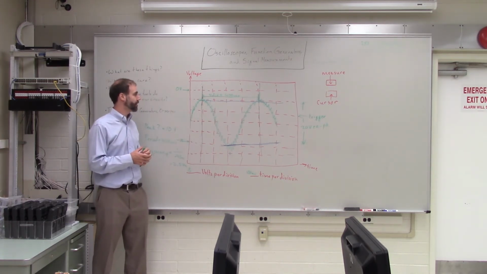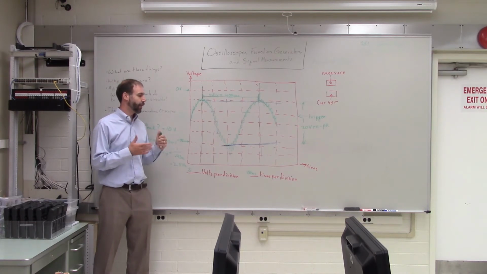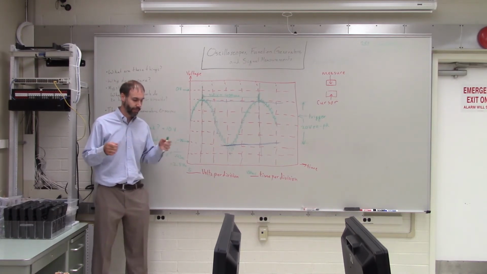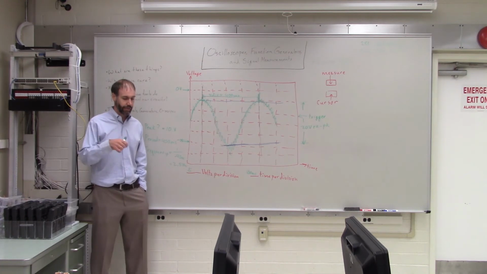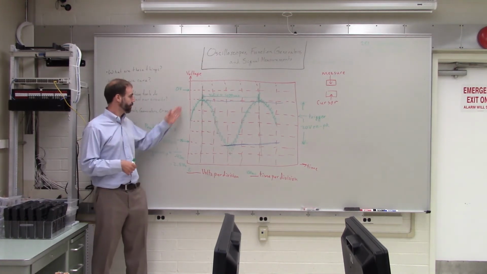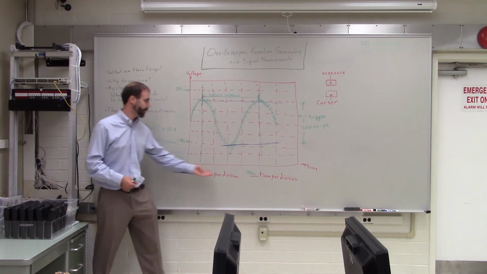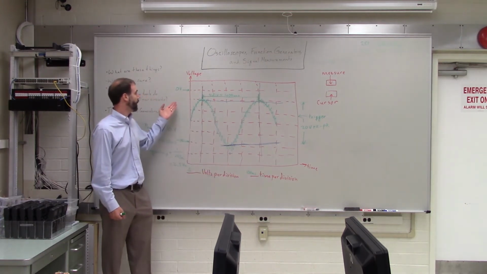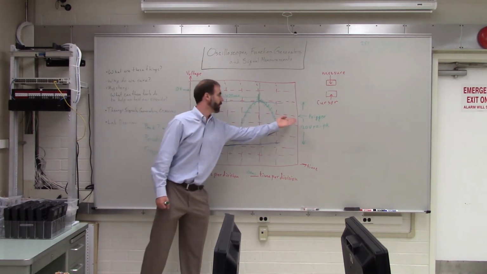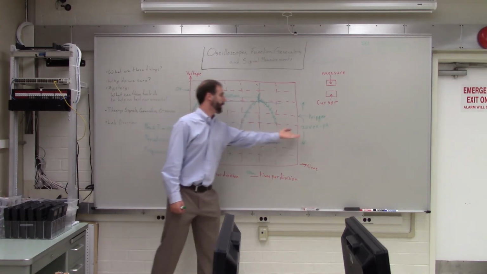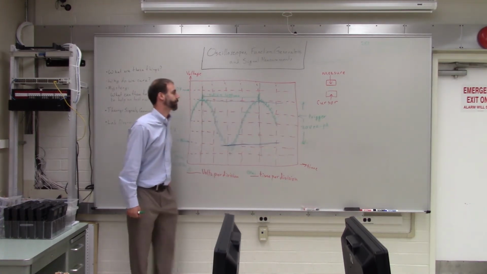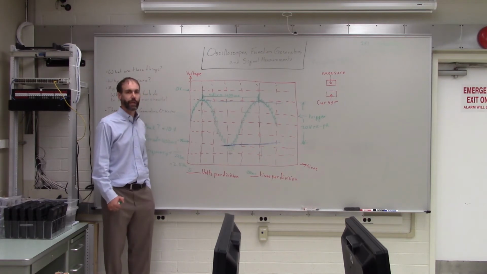It's easier to erase. We don't care about making sure that it's indelibly marked and can't be changed. It's much better to do it in pencil. So include the volts per division, the time per division, the zero level, the trigger level, the period, and the amplitude. Okay.